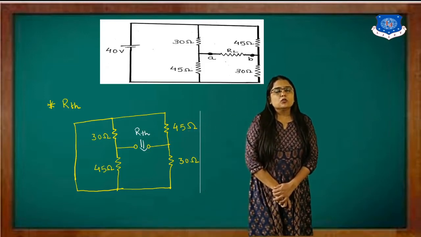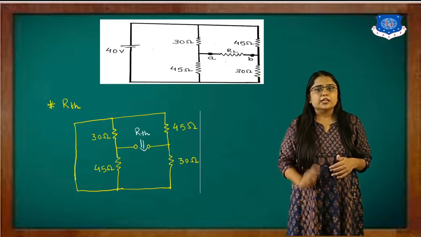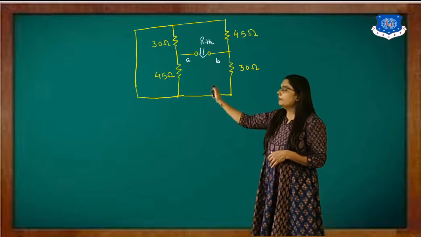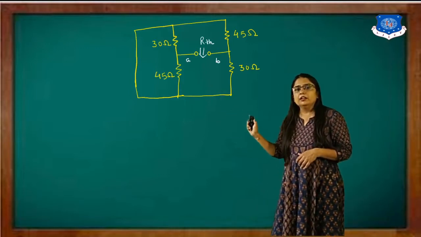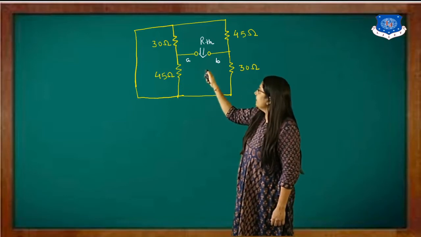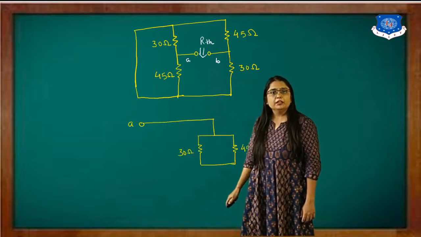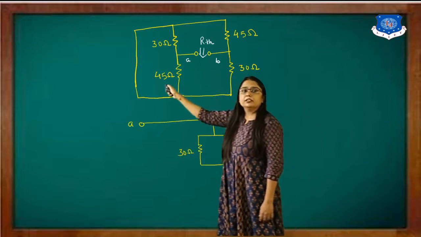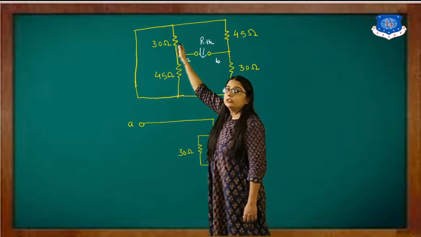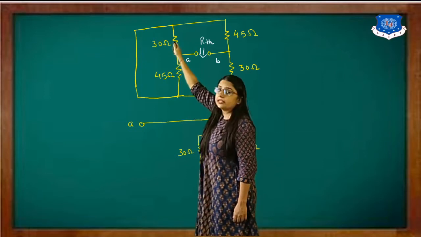Okay, so I'm just redrawing this diagram and let's see what happens. This is our diagram, and here you just consider two terminals, terminal A and terminal B. From terminal A, two resistors are connected.